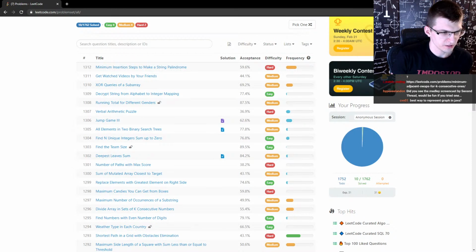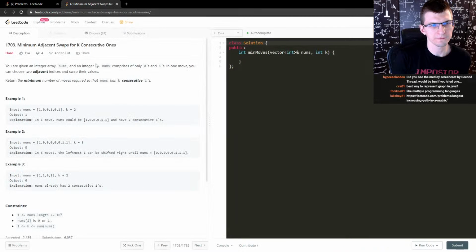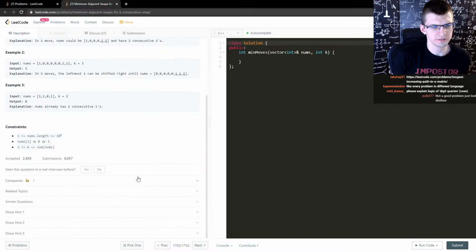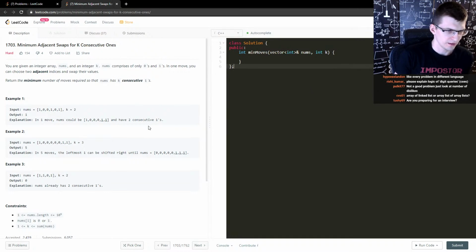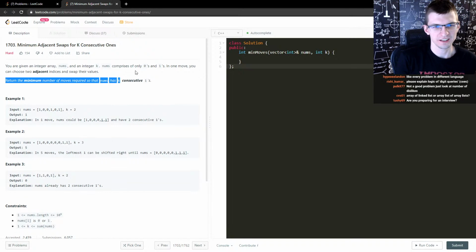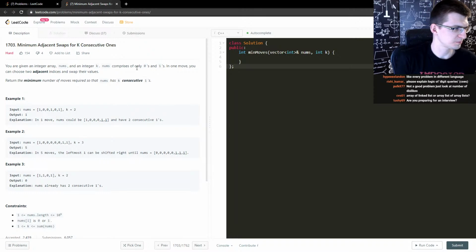Adjacent swaps for k consecutive ones. What is this? K consecutive ones. I did this problem before, I'm sure. I didn't see my code, but I did it during one of the streams. Well, actually, it might have been during something like private lessons, so maybe not during a stream.